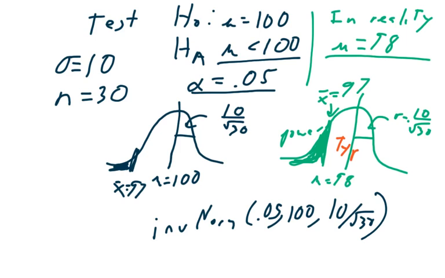This part over here, which is where I would fail to reject, would be my type 2 error. You notice that either you have the power or you have a type 2 error.